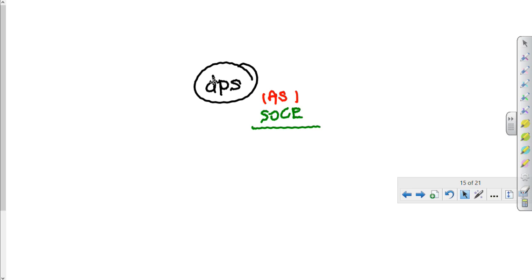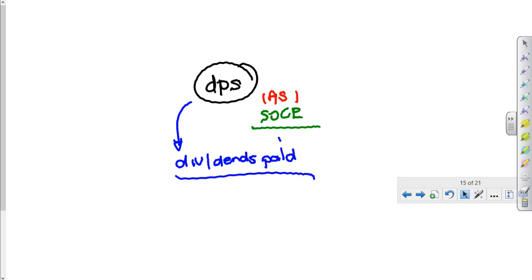Dividends per share is far easier to calculate than earnings per share, because dividends per share is based on dividends paid divided by number of shares, not weighted, not nothing, number of shares.